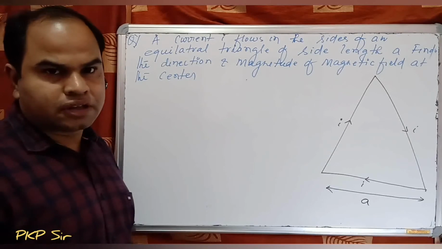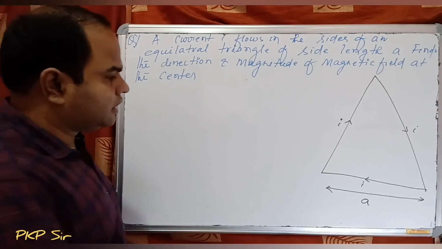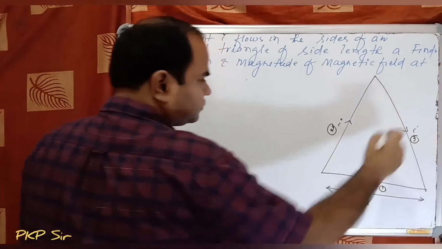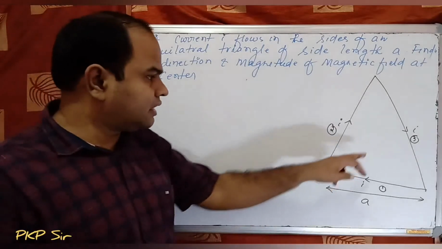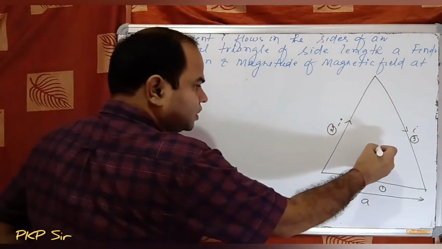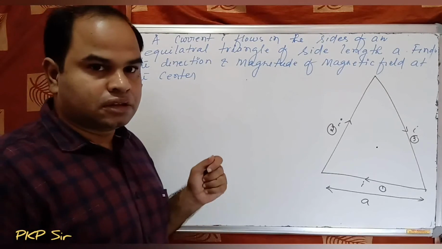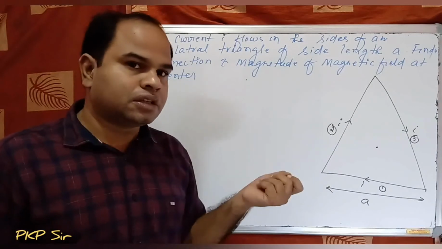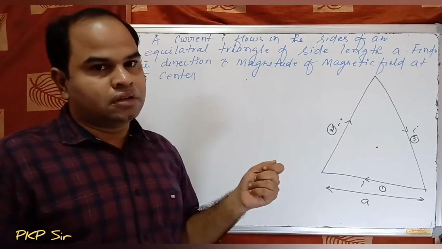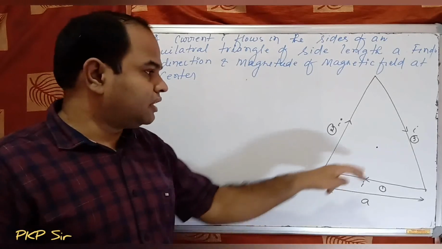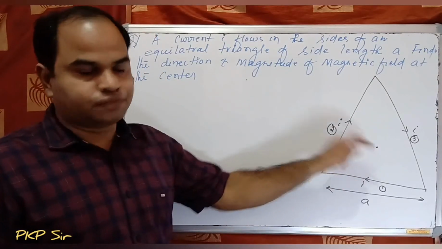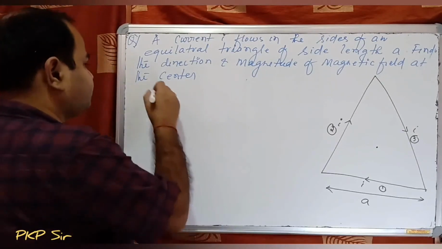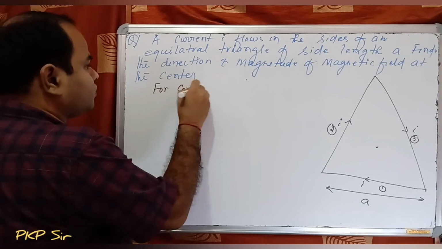Since it is an equilateral triangle, all the angles are 60 degrees. Let us assume this is the first conductor, this is the second conductor, and this is the third conductor, and each conductor individually will produce magnetic field at the center. So for the first conductor, let us find the magnetic field.